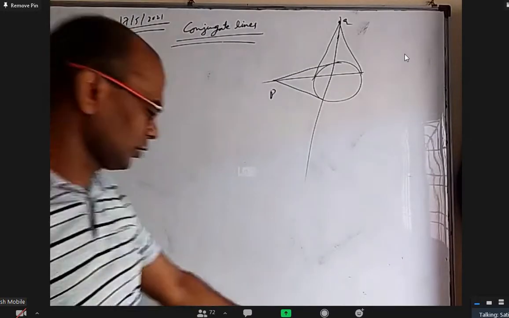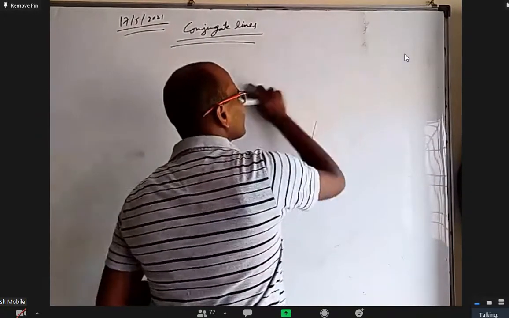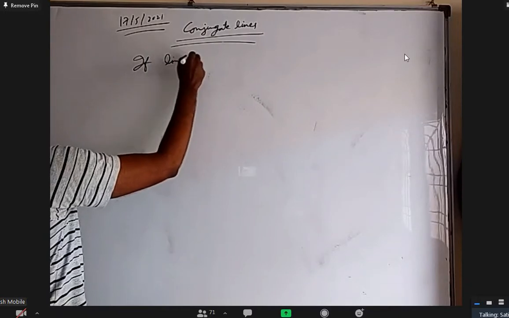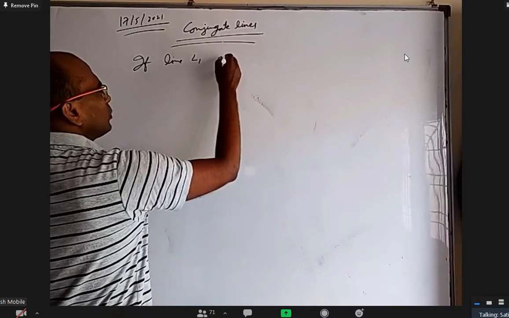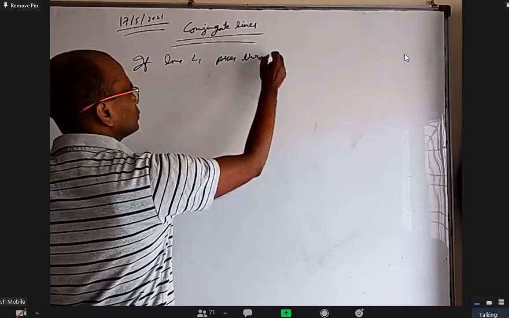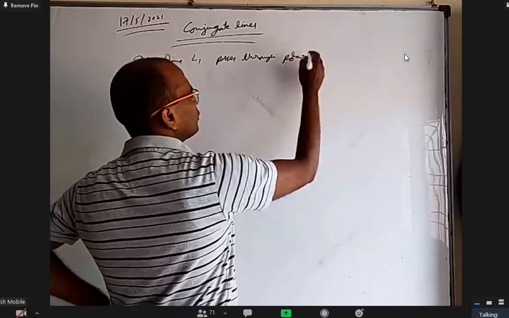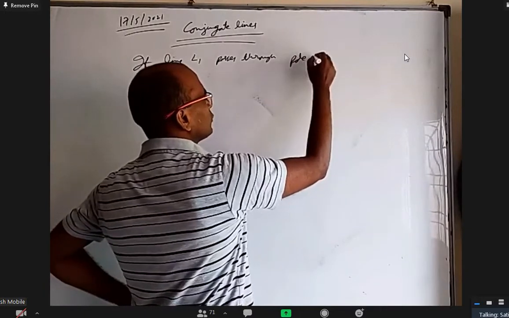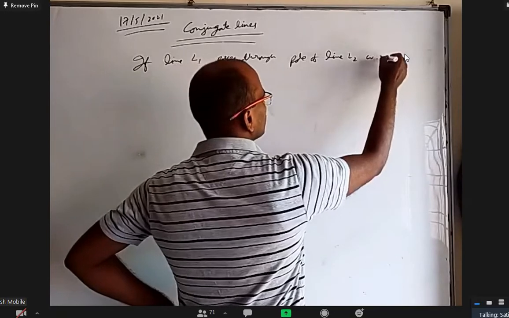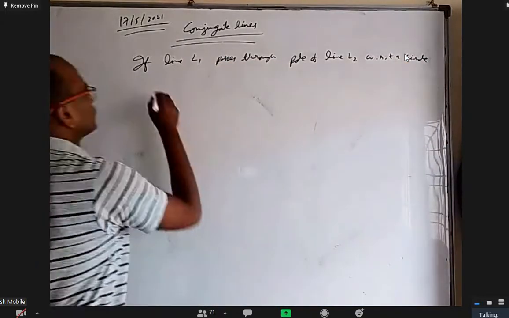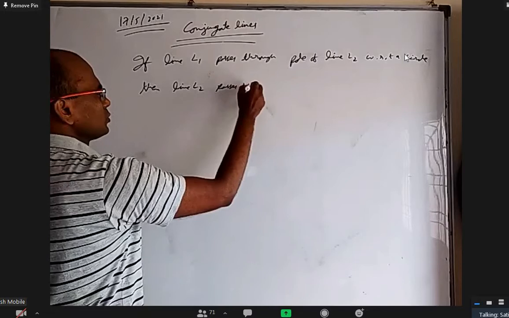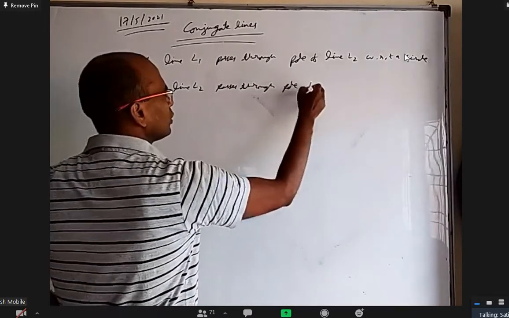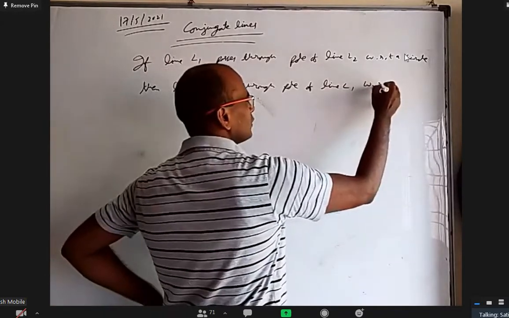Now, conjugate lines means what? If line L1 passes through the pole of line L2 with respect to a circle, then line L2 passes through the pole of line L1 with respect to the circle.